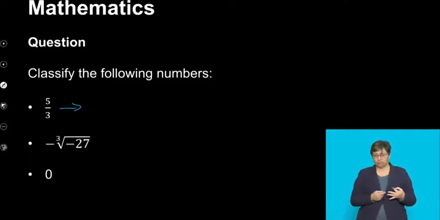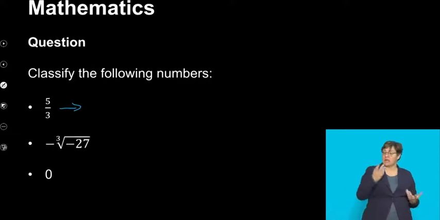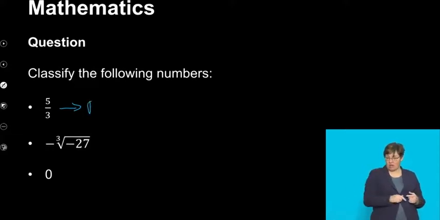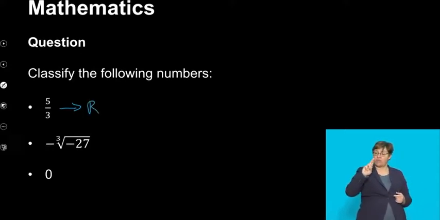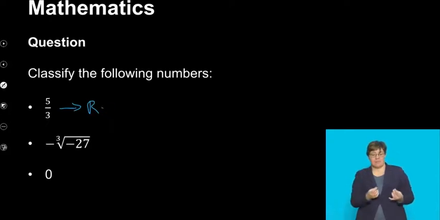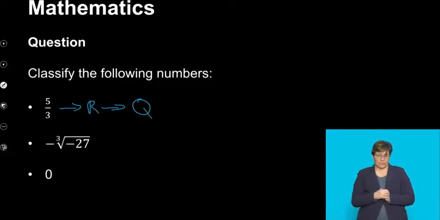No. Is it a rational number? Definitely. So firstly, for it to be a rational number, it starts by being a real number, which is R, and then it becomes a rational number, which is Q. You remember that? And that's all that we will have. We will not have it as an irrational number because it can be written as a fraction.